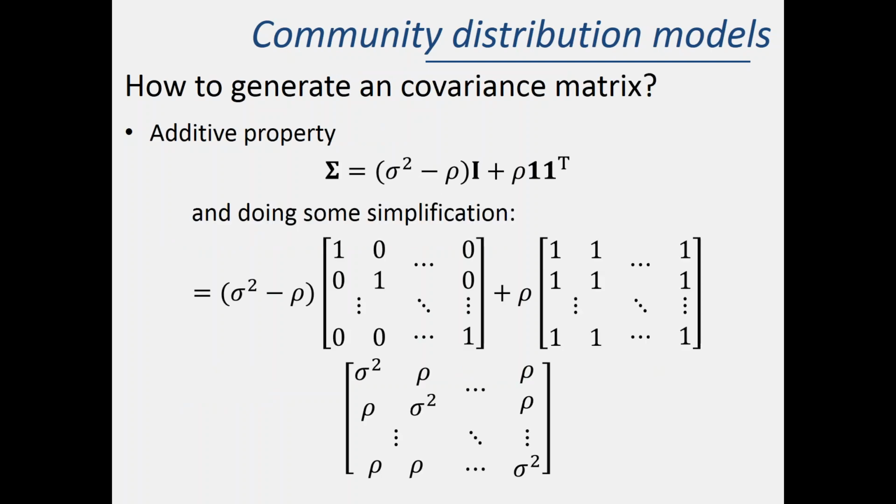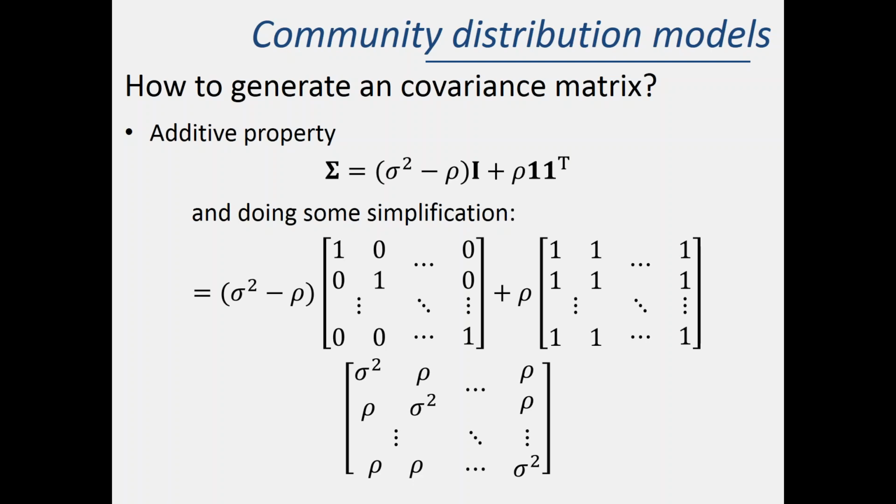Okay, so as we were already talking about, you can do these additive covariance matrices. So, for instance, here we've got an additive covariance matrix where the first term is an identity matrix times something, and then the second term is a matrix of ones times another thing.